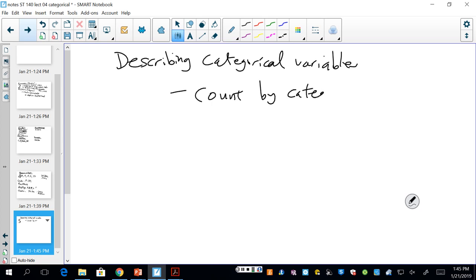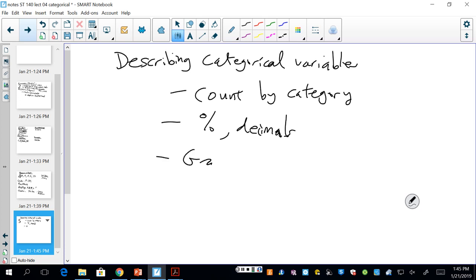How many in your study have different levels? How many women? How many with cancer? How many without cancer? Right? You can convert that to percentages or decimals. For many types, it's easier to compare percentages and decimals than just to think about the raw numbers and judge their size and things like that.